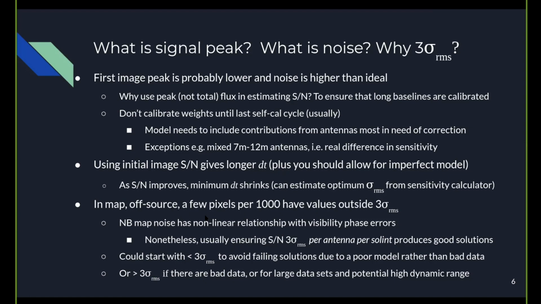But hopefully by the time you've done a few rounds of self-calibration, you won't be failing very many solutions with a signal to noise of 3. And if you've got the time, it's often worth checking if it's always the same antenna, the same interval that's failing a solution, and maybe there's bad data that should be flagged.